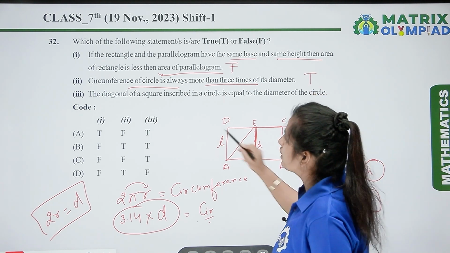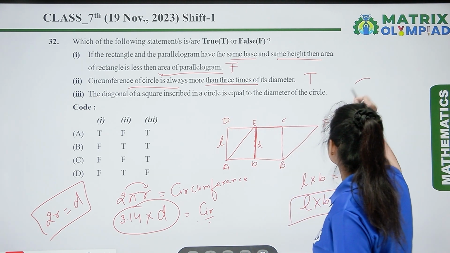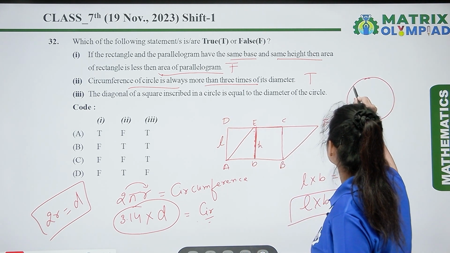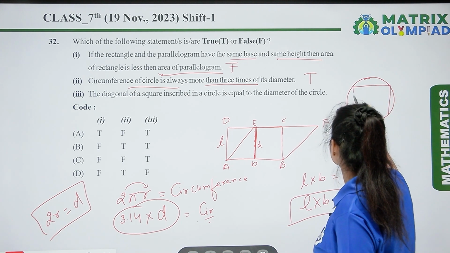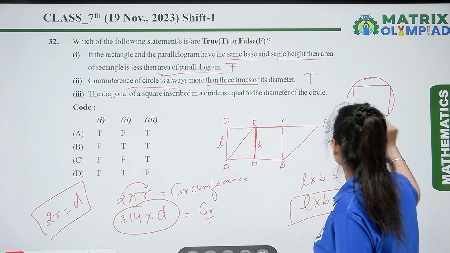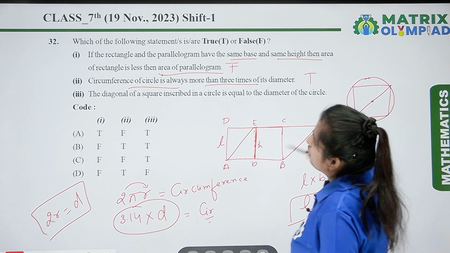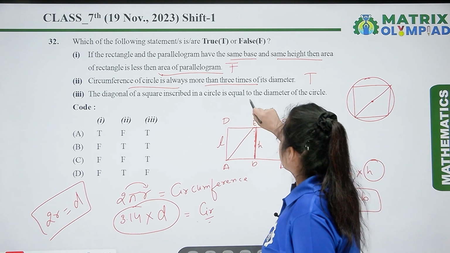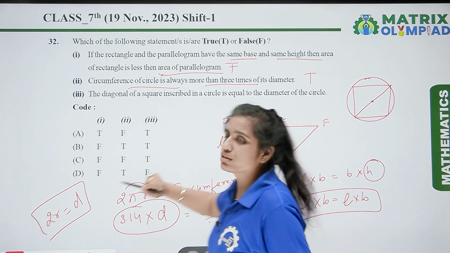The third is the diagonal of a square inscribed in a circle. Means here it is a circle and we have a square in it. And that diameter is equal to the diagonal of the square.